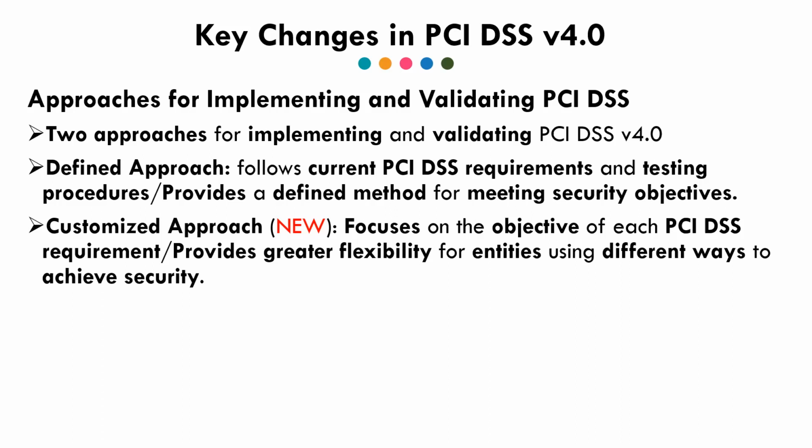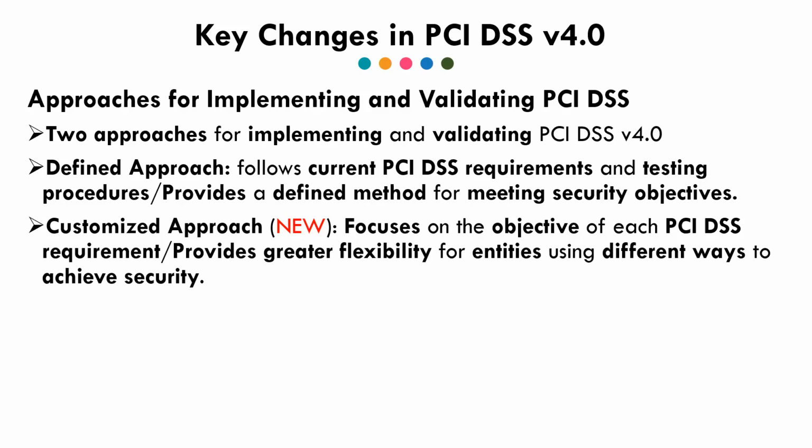But the major difference between version 3.2.1 and version 4 is the approach to implementation and validation, right? So for the approach to implementation and validation, there are two approaches. For all other PCI DSS versions, there was only one approach, which was the defined approach, right?